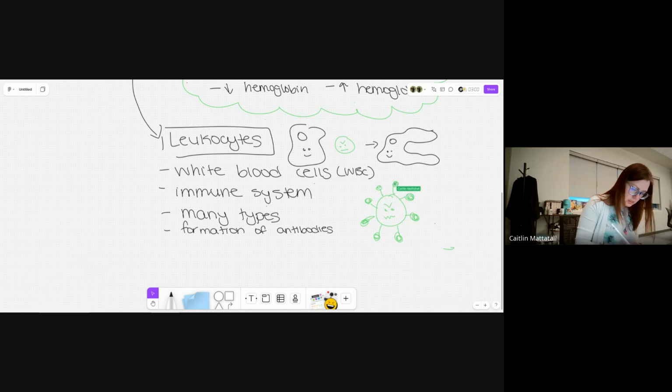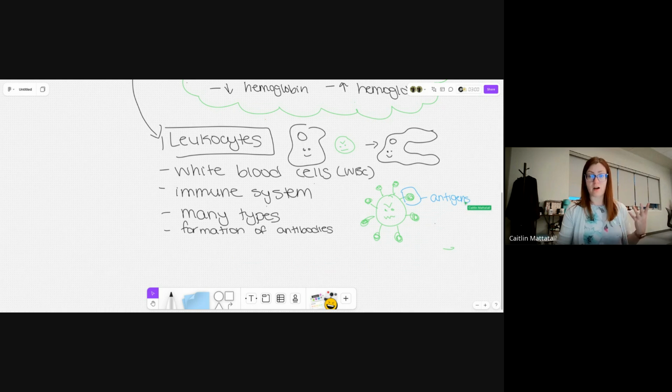Okay, these little circle things are called antigens. And these basically tell your body if these cells belong there or not. So all of our cells have proteins that are our body's antigens that our immune cells are going around looking at, saying, yep, that one's fine. That's a good cell. That's supposed to be here. Everything's good.